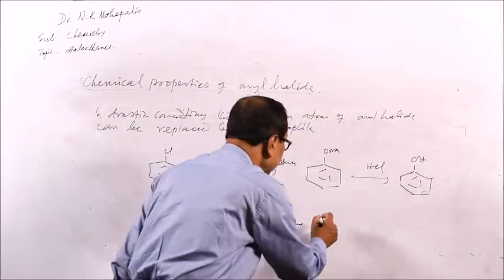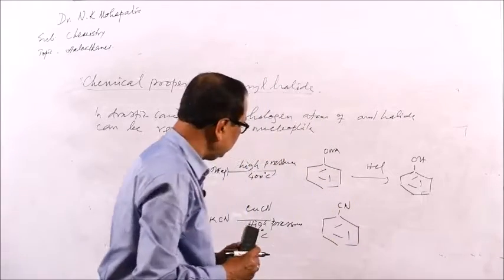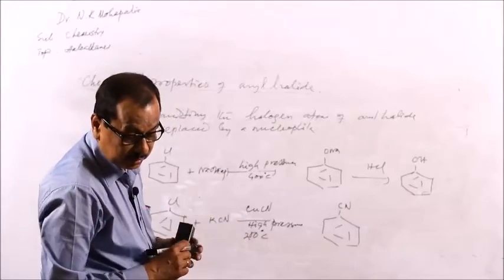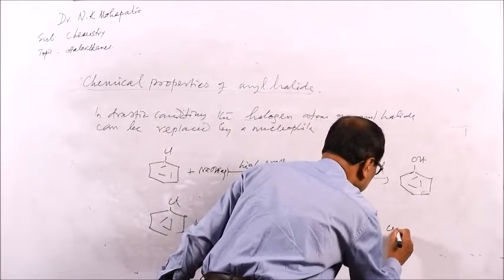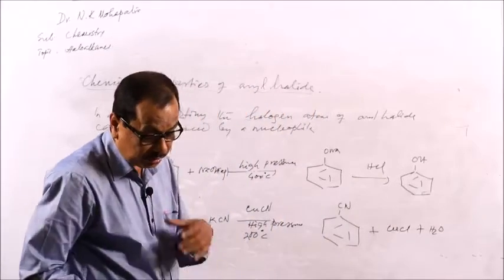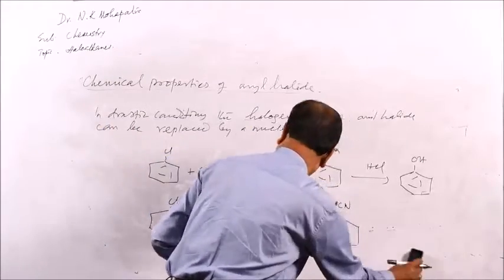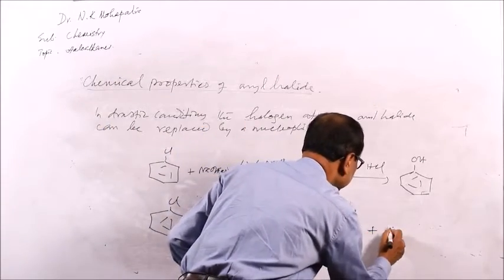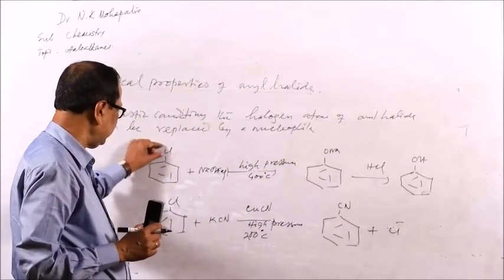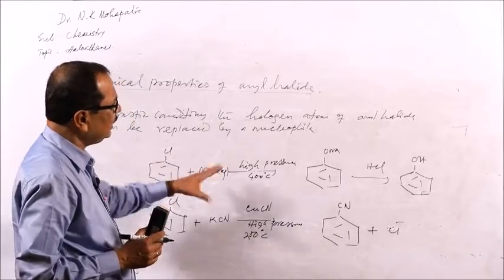The product formed will be CN. Here we find that cyanide ion is now replacing the halogen atom, plus cuprous chloride plus water. So under drastic condition you can replace this halogen atom by other nucleophiles, but ordinarily they are inert.